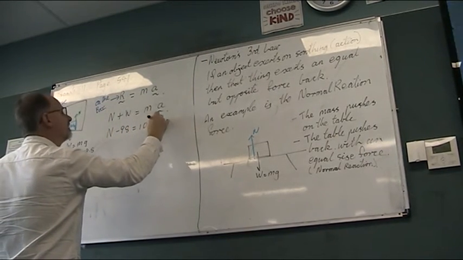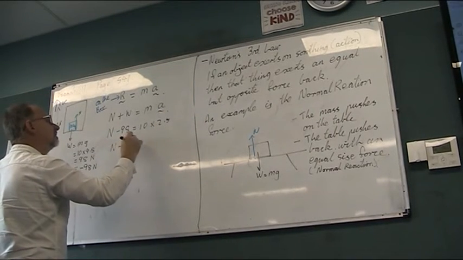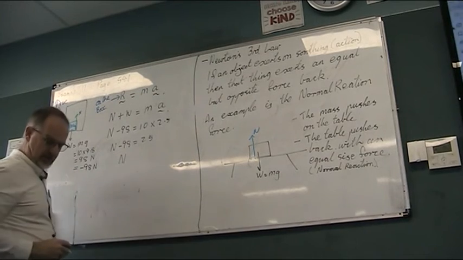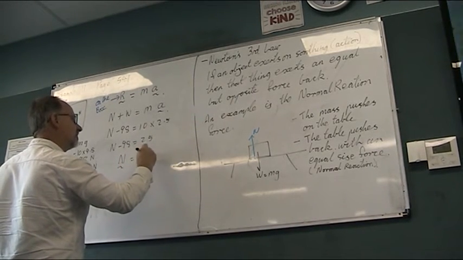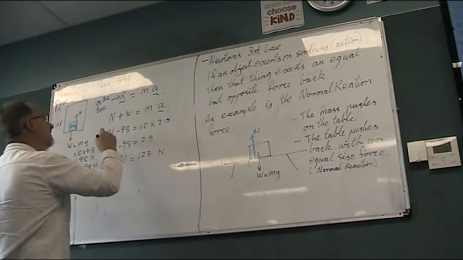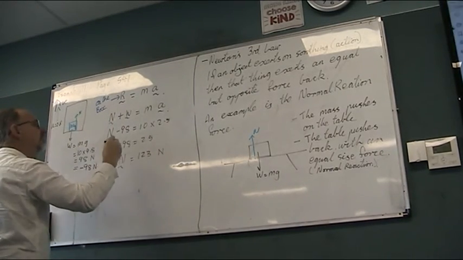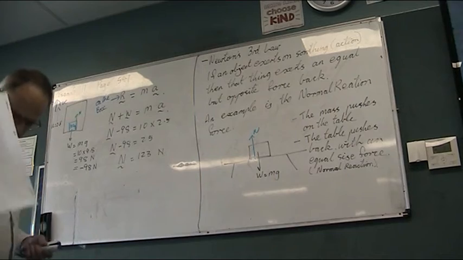The acceleration is 2.5. So our normal reaction force is 123 newtons in the upwards direction. Happy with that?